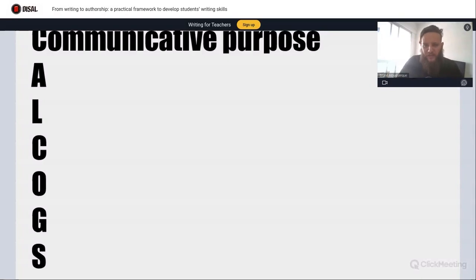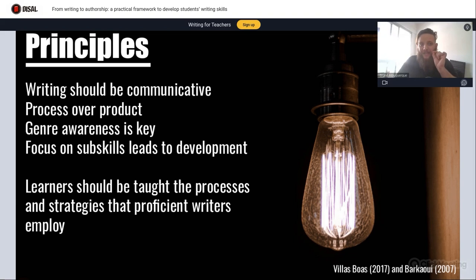Who is going to read this? So I think that this is another key point here of using the process genre approach to get students to write. It's because they're writing real, actual pieces of writing that people write outside of the classroom.